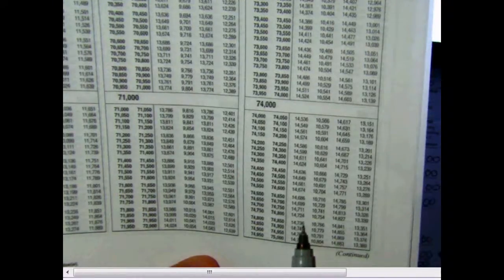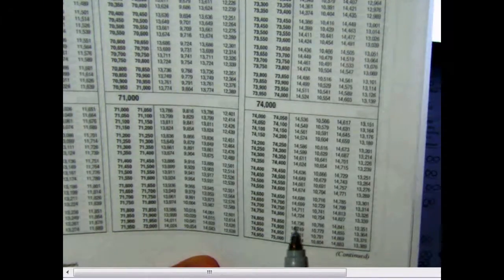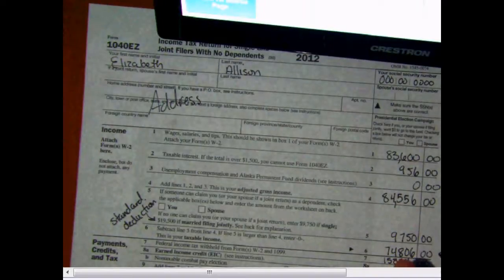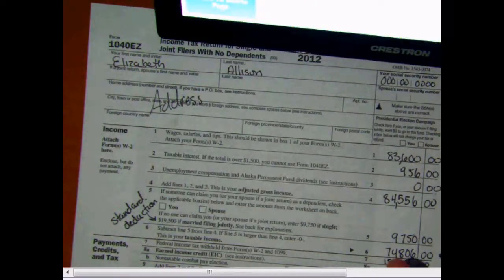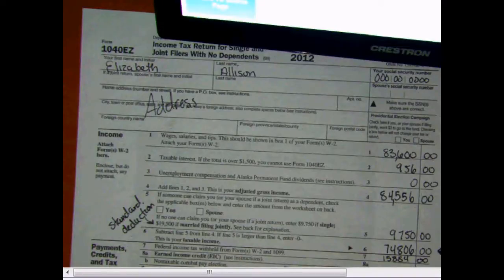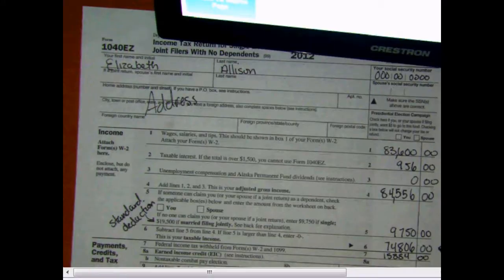She's single, so this is her tax rate here, 14,736. So she owes 14,736, but she paid 15,884. If you pay more than you owe, you get a refund. If you owe more than you pay, you have to pay more. So she's getting a refund. We're going to subtract those two numbers.